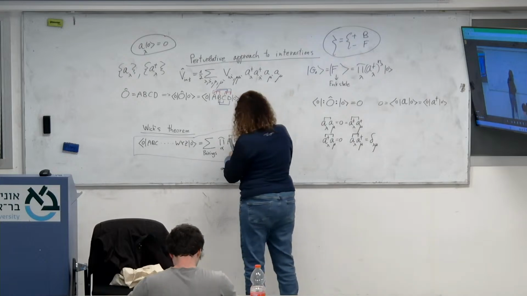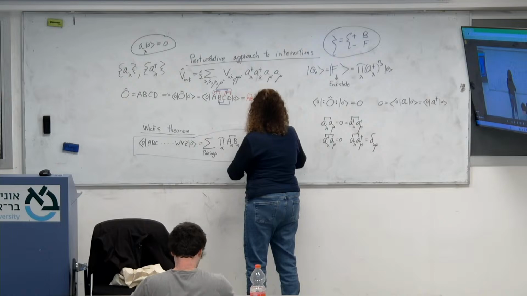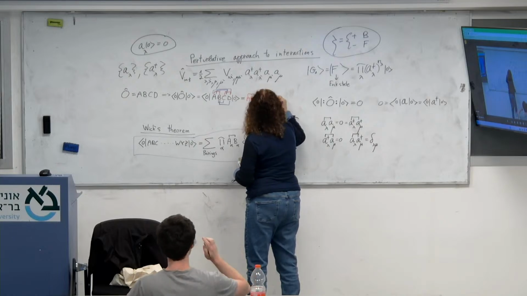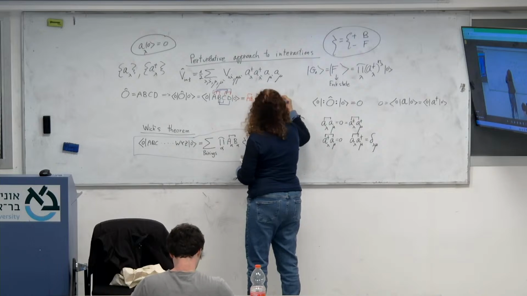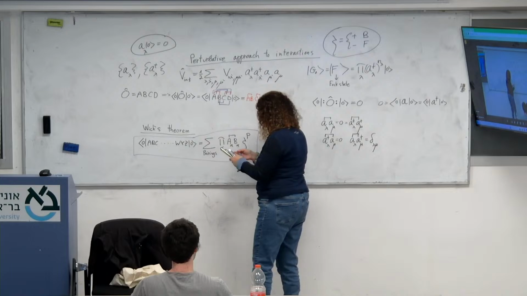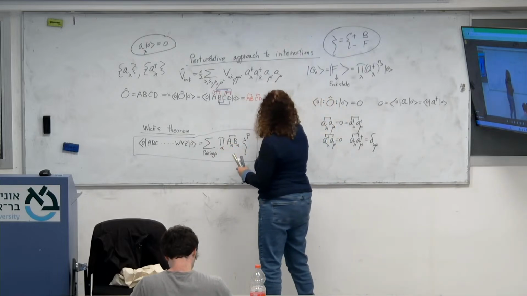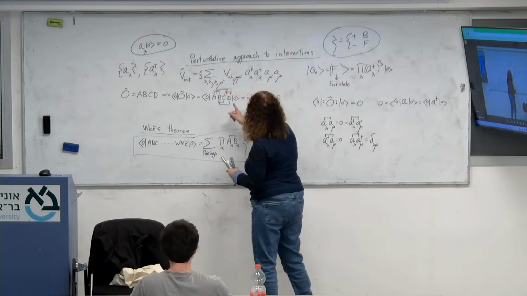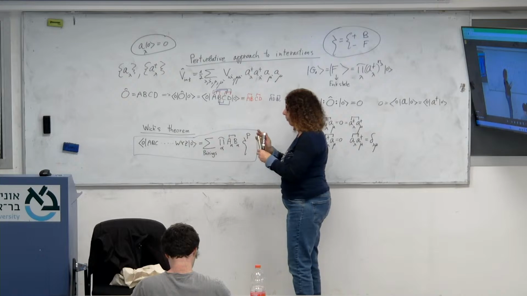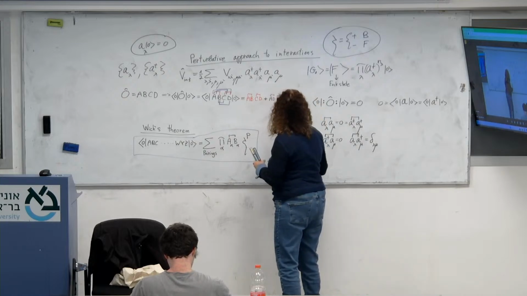Now the purple one is AD and BC. This also comes with a plus sign, because to shuffle D to A, I need to do two exchanges. So it's an even number, so there is always a plus sign here.